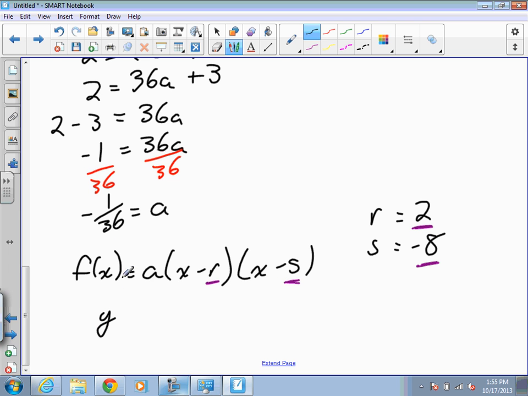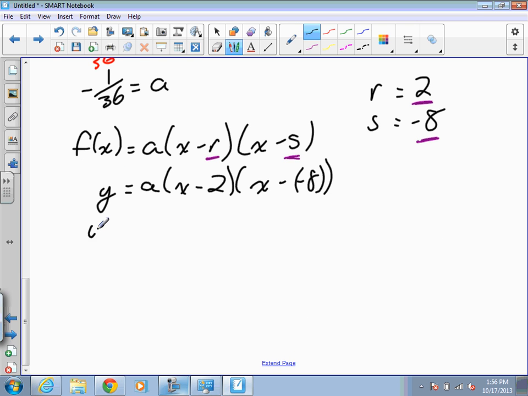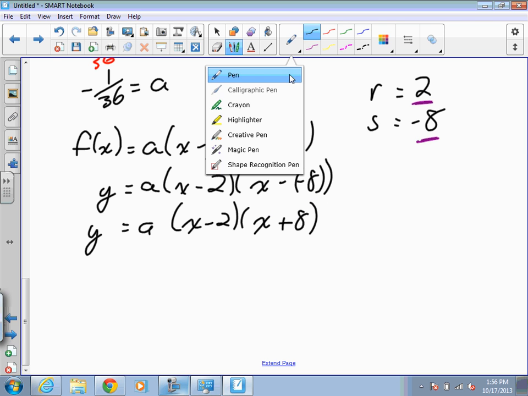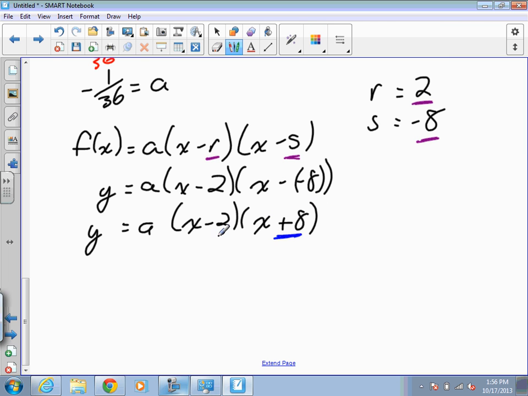We have a, x minus 2, and x minus negative 8. Okay? When we simplify that bracket on the right, what does it become? Yeah, there we go. x plus 8, which leads us to that conclusion where it tends to be the opposite number as long as there's a value of 1 in front of the x. We tend to have opposites in those factored forms. That's what our x-intercepts are.